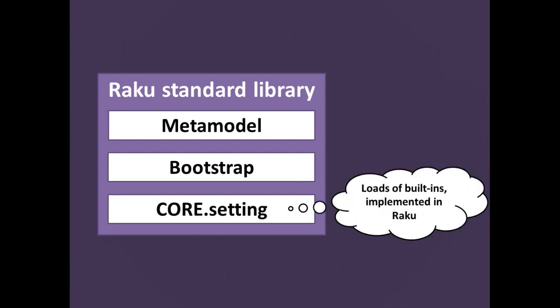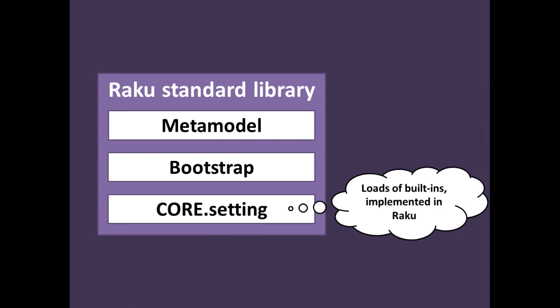And then finally, we have the core setting, and this is where we implement the various built-ins in Raku already. The ratio of code here is some thousands of lines of meta model, probably a couple of thousands of lines of Bootstrap, and then tens of thousands of lines of core setting. The vast majority of our standard library actually is written in Raku code.